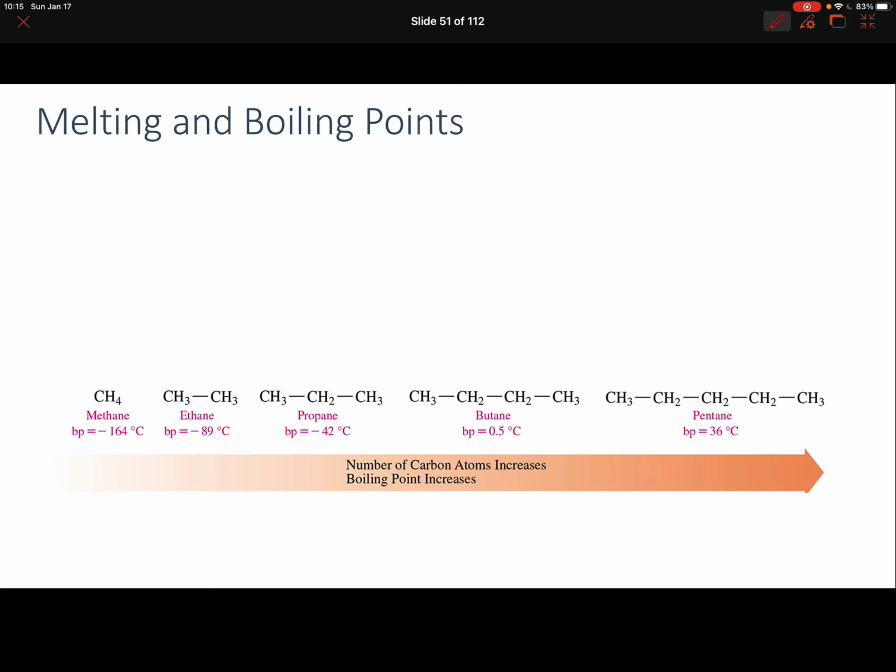In general, alkanes have the lowest melting points and boiling points of all organic compounds. They only contain non-polar bonds, usually just carbon and hydrogen atoms.